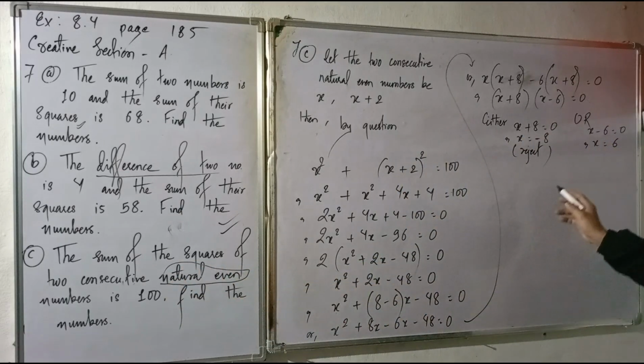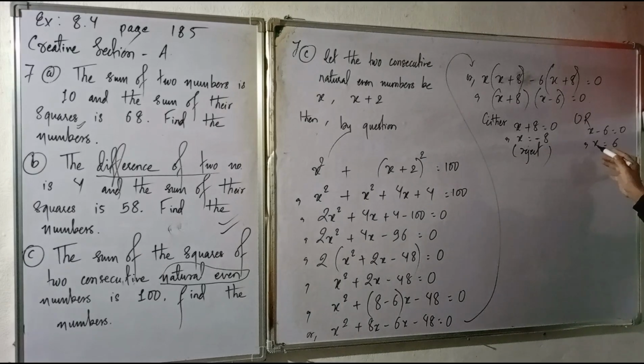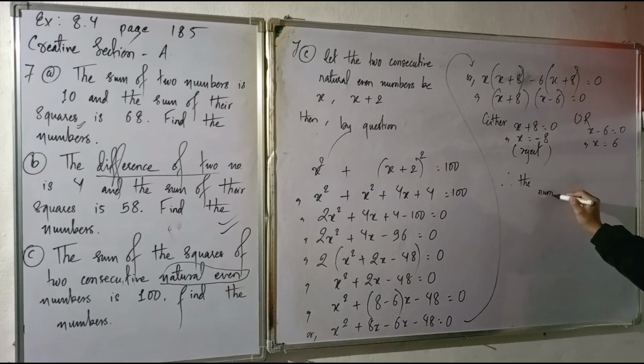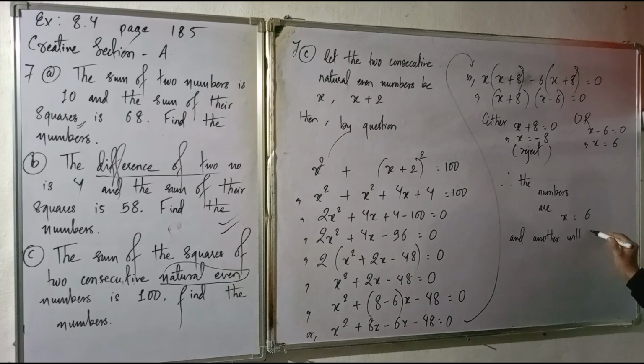So I only take x equals 6. Then the numbers are 6 and another will be x plus 2, that is 6 plus 2, 8. Therefore the numbers are 6 and 8.